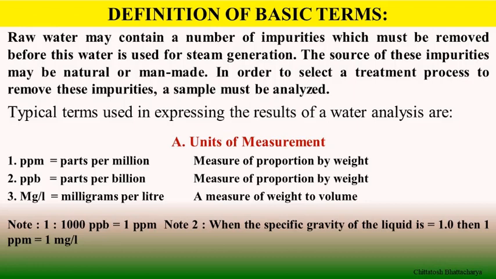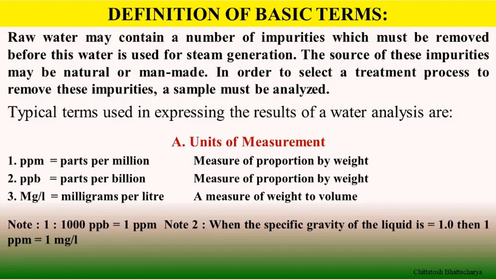The source of these impurities may be natural or man-made, and these impurities have to be assessed by sampling, and typical terms that we use for the water analysis result display, there are certain units of measurement like ppm, parts per million, a measure of proportion by weight, ppb, parts per billion, a measure of proportion by weight, milligram per liter, a measure of weight by volume, and 1000 ppb equals 1 ppm.